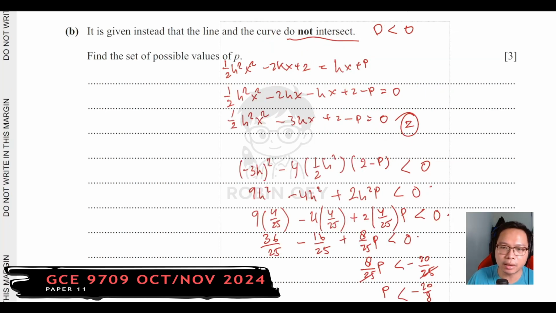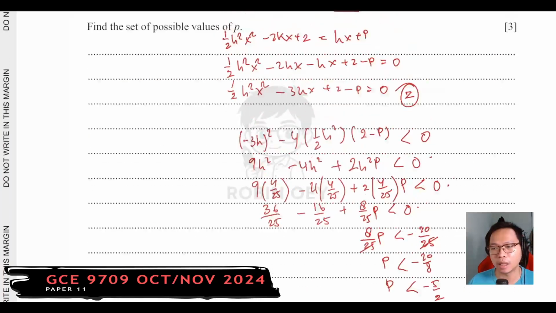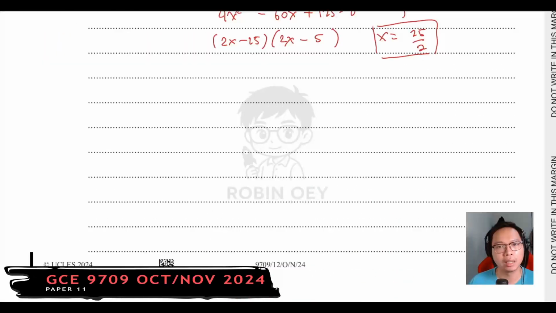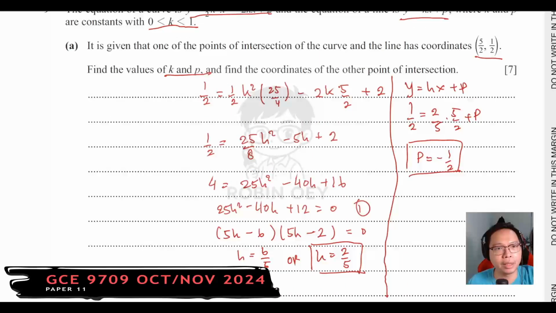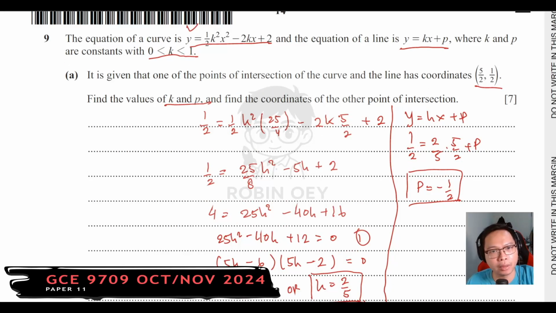Okay, that's it for 9b, sorry. This one is number 9b. Okay, so the first part, let me repeat. The first part is given the intersection, so we use the coordinate. We use the coordinate and input that to the first equation to get the k.